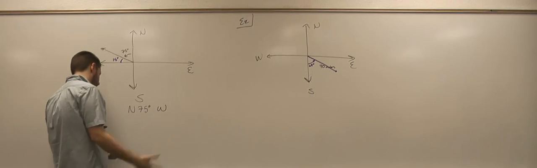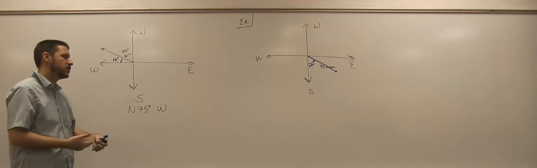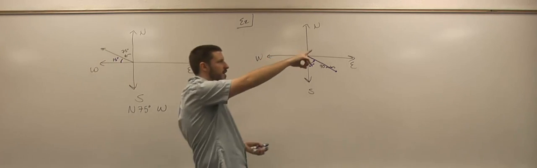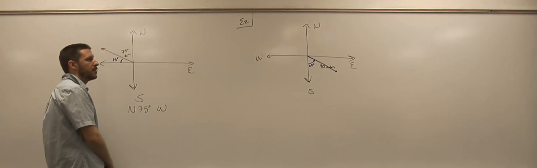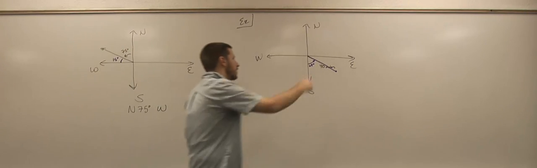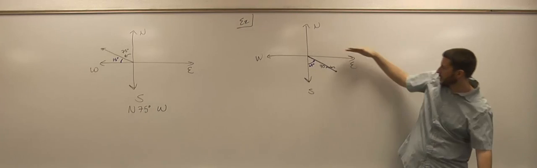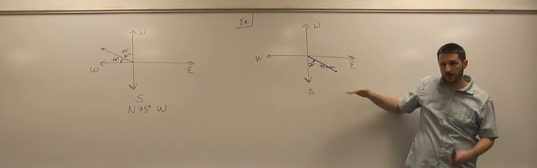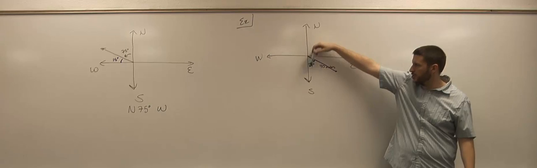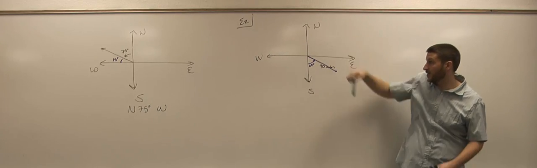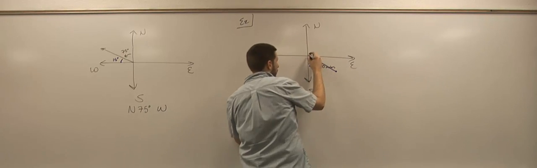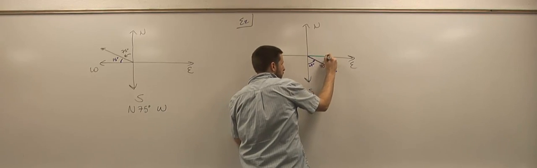Now, what's the question asking? How many miles south and how many miles east from the harbor has the boat traveled? So basically it wants to know, how far have you gone to the east, how far have you gone to the south? Now, you can really draw your triangle with either axis, okay, but the standard way you're going to see this drawn is always with the x-axis.